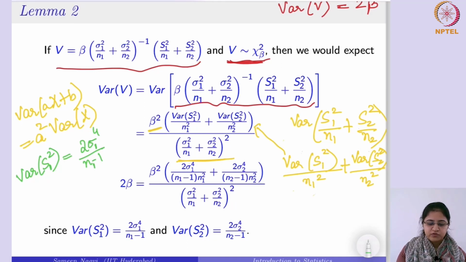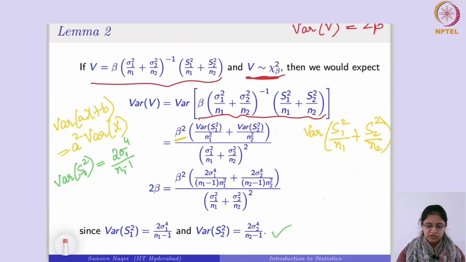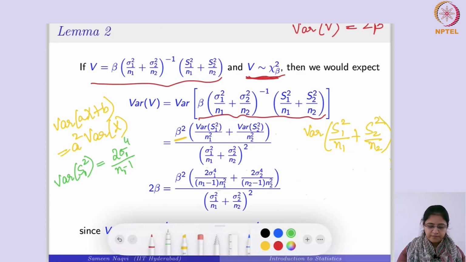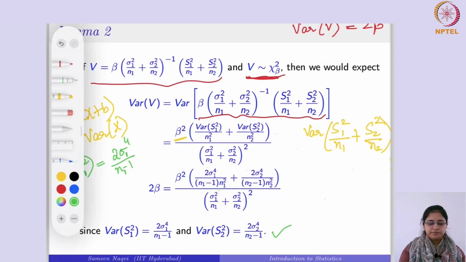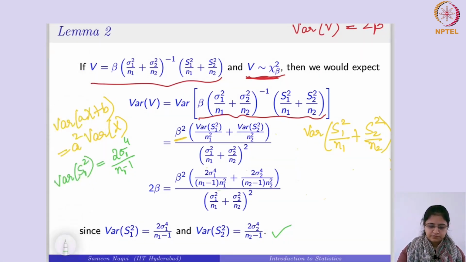Here n1 square is already there, so this quantity over here is basically the variance of S1 square and this is the variance of S2 square, which is not written over here. Let me just clean it up a bit so that I can explain it further. Here this beta would cancel out with this one, so one beta would be there, and these 2's would get cancelled from this 2.